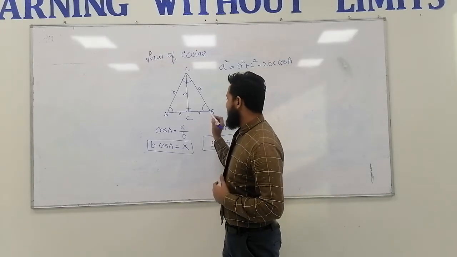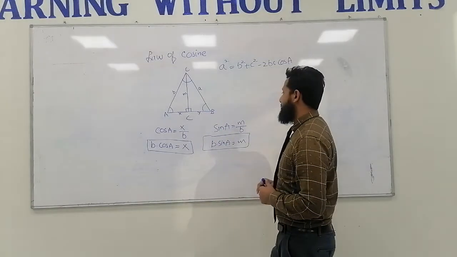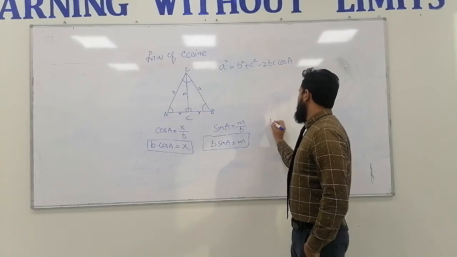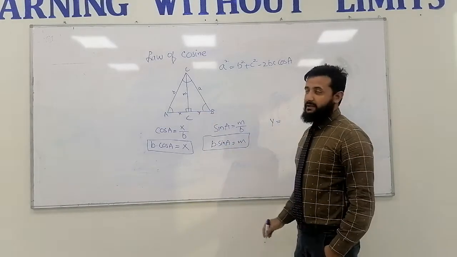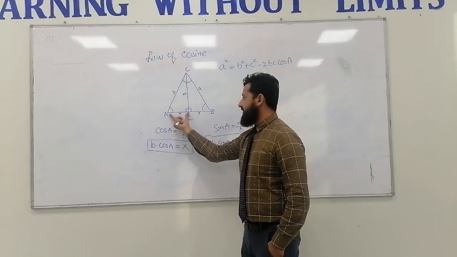What is the other thing that we added? We added Y. This is something we don't know. We need to write an expression for Y. Y can be written as c, which is the total length, minus X, right?